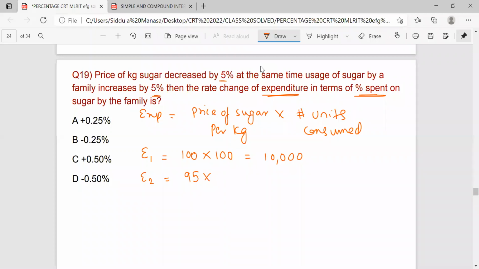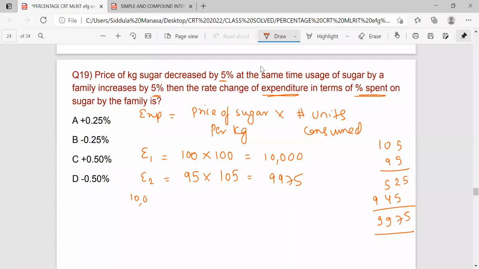Before you were consuming 100 units, now a 5% increment means you are consuming 105 units. So 105 into 95. 5 5s are 25, 5 1s are 5, 9 5s are 45, and 9 1s are 9. So that is 9975. So 9975 is the expenditure.